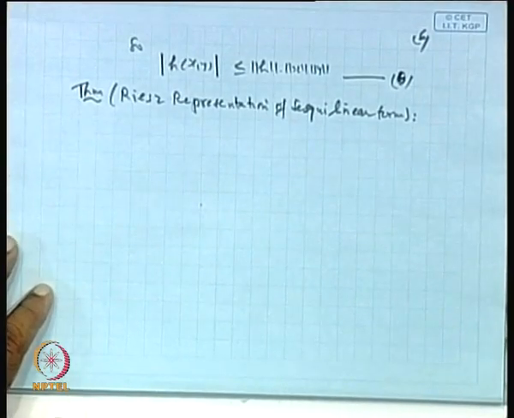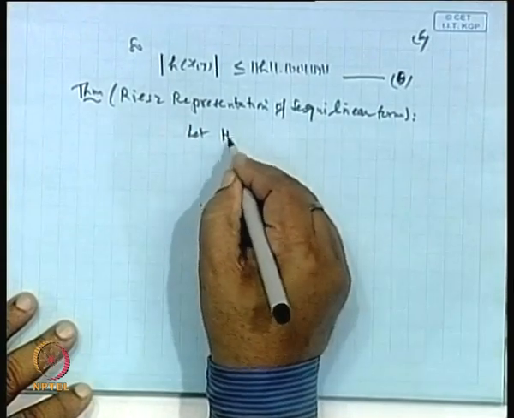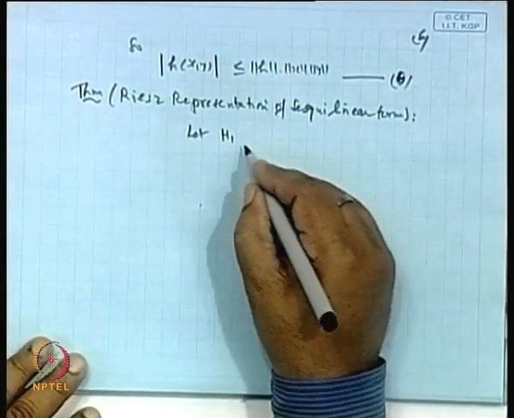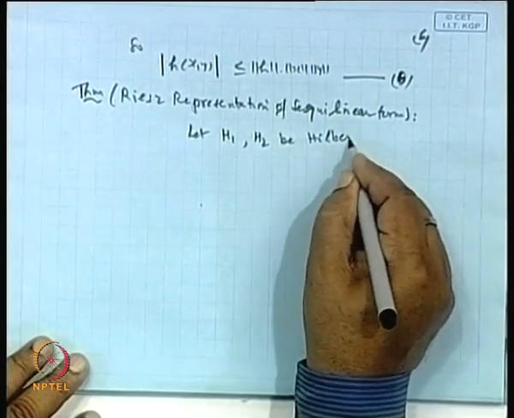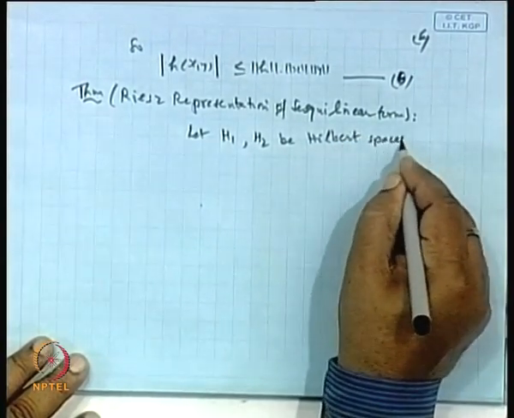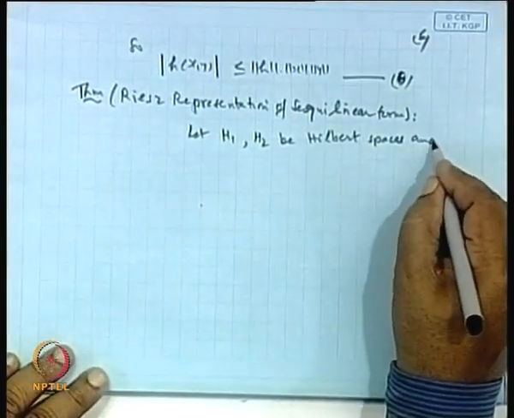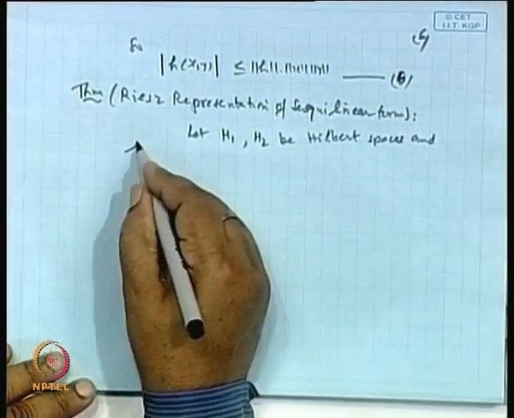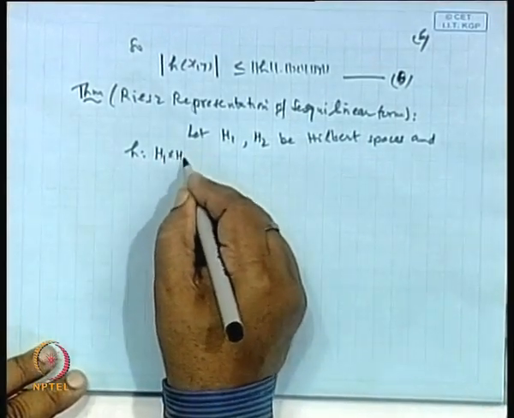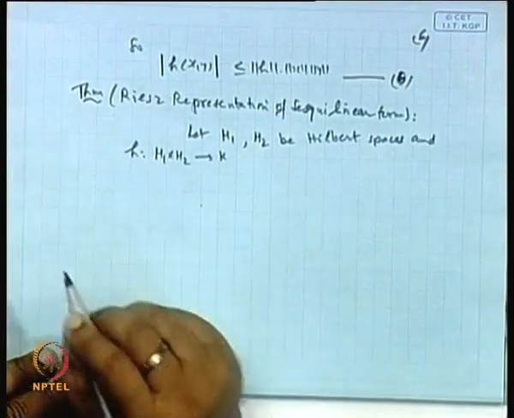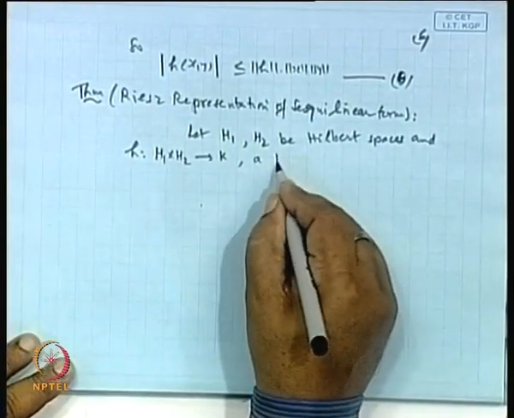Let H1 and H2 be Hilbert spaces and H is a mapping from H1 cross H2 to K, a bounded sesquilinear form.